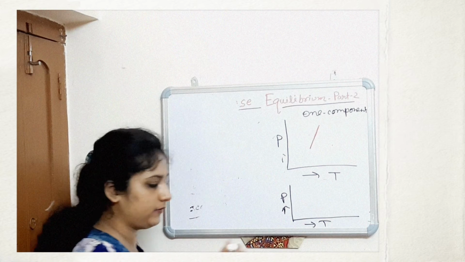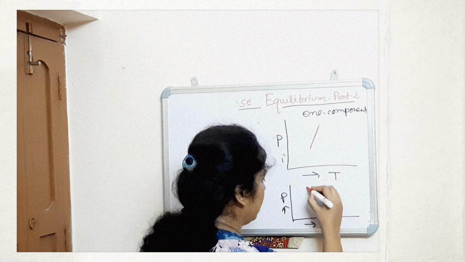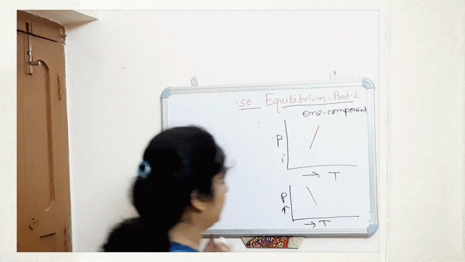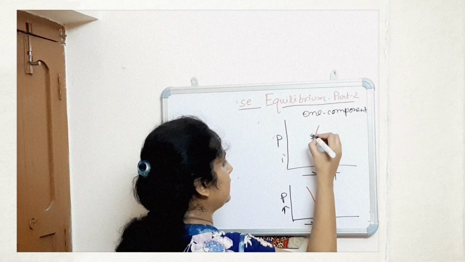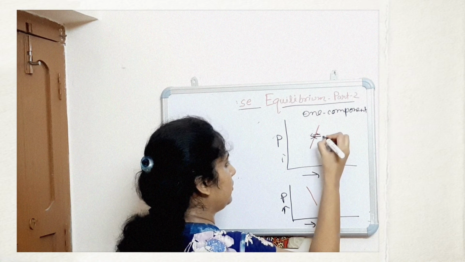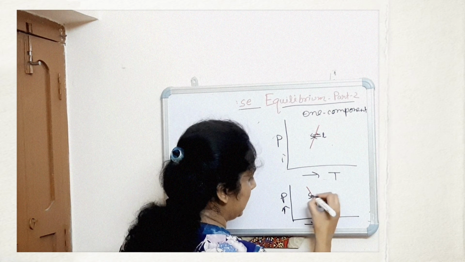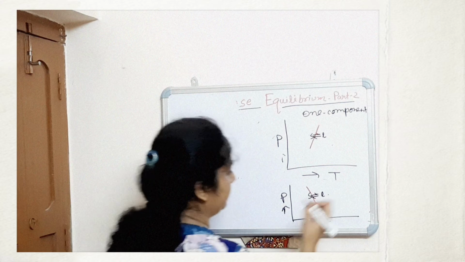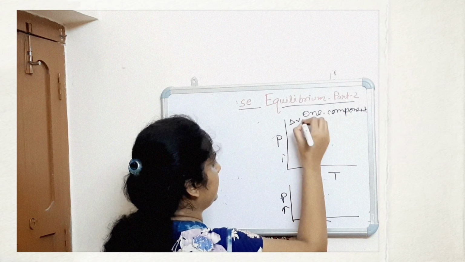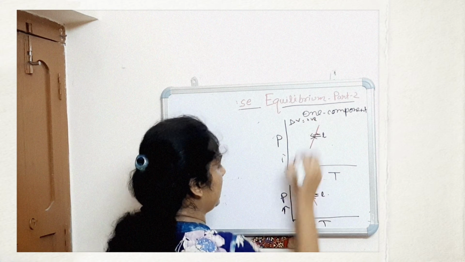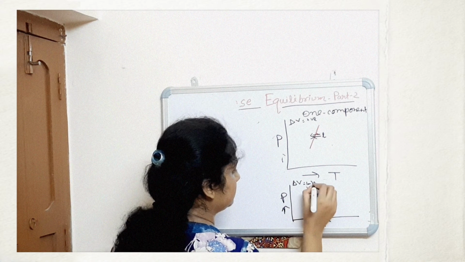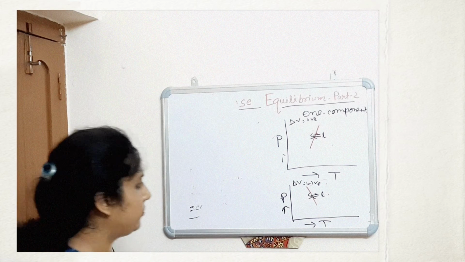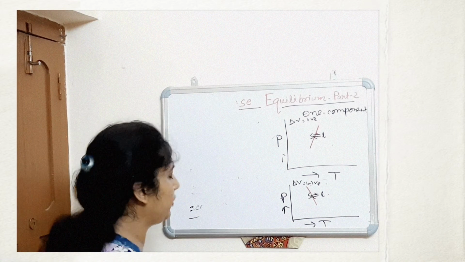For the SL curve, when the slope is negative, the nature of the curve is like that. This is the solid liquid equilibrium curve. Here del V is positive, here del V is negative. So you can get this type of plot from the Clapeyron equation.